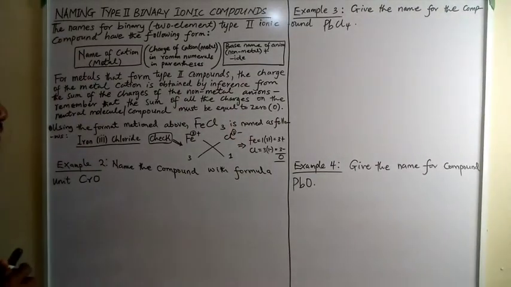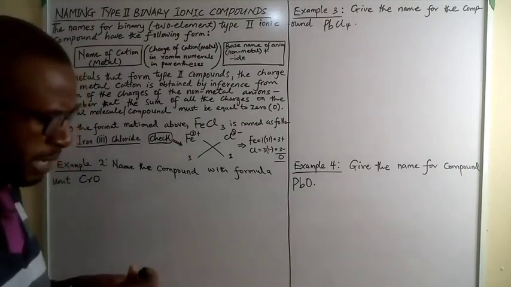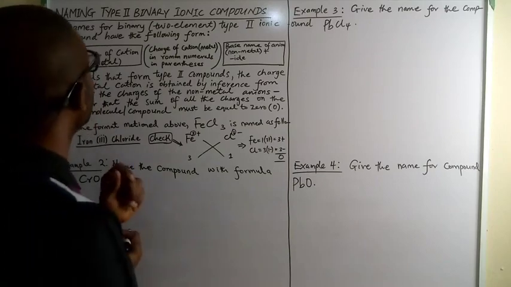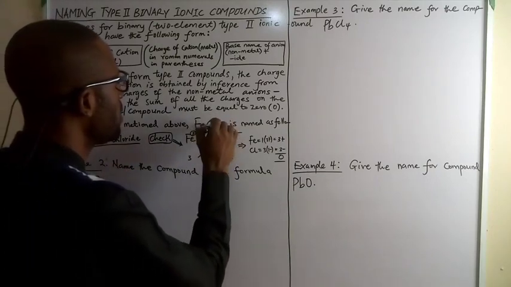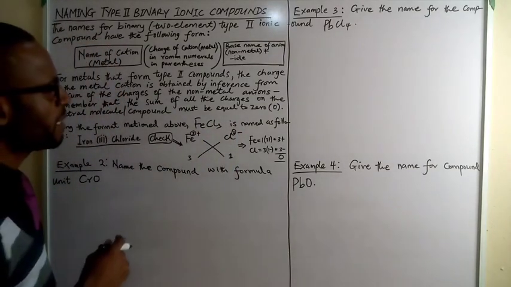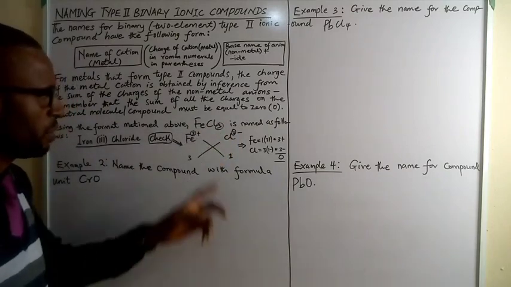All right, for the first example to further explain the process of naming type 2 binary ionic compounds, we use FeCl3. Pay attention to the 3 here, which is the subscript of chlorine.